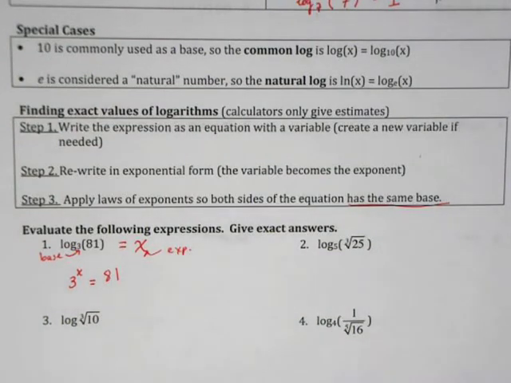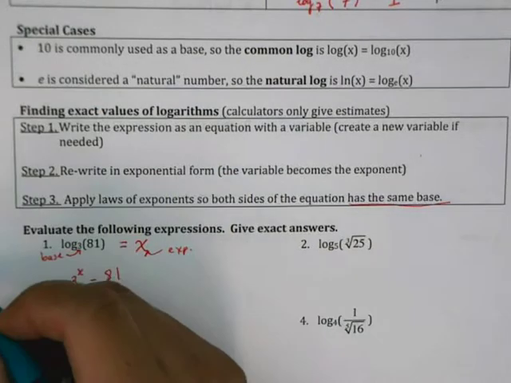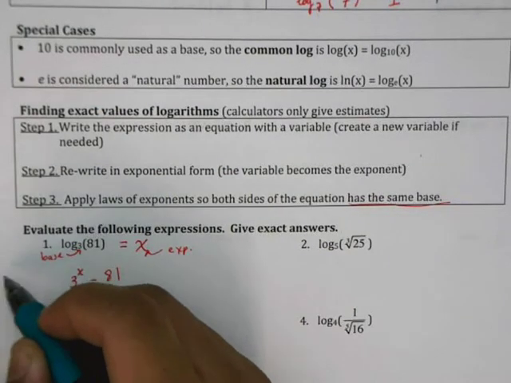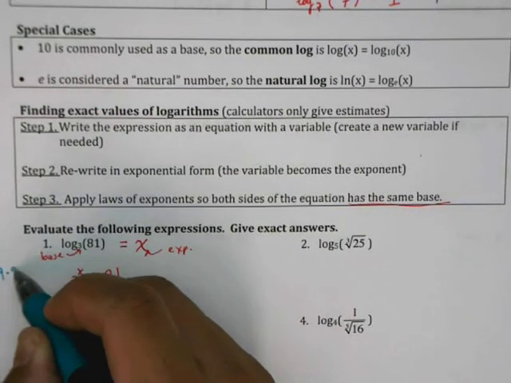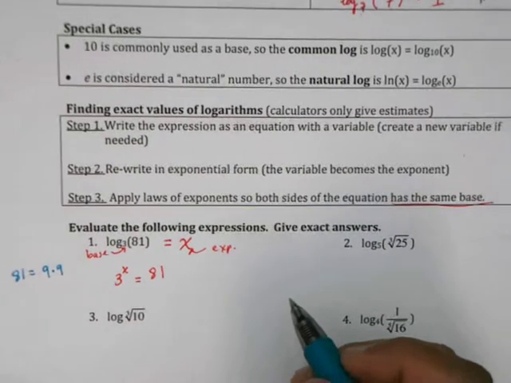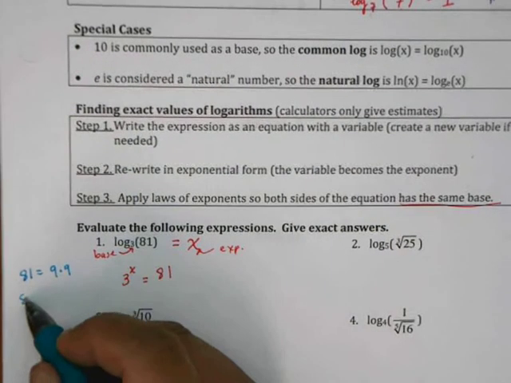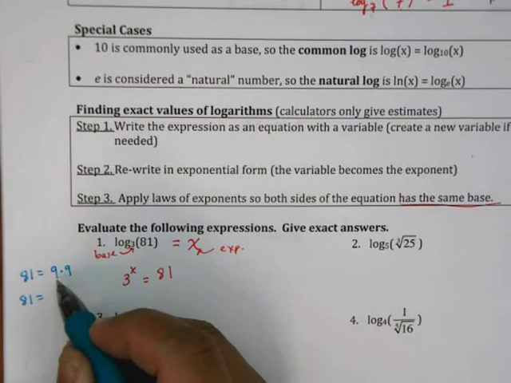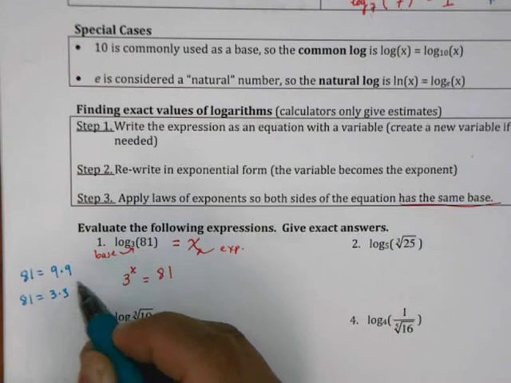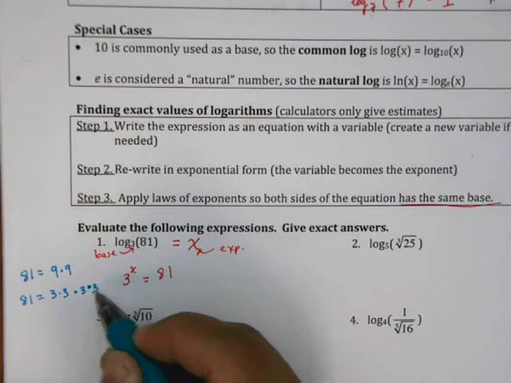Well, 81, I'll write this on the side here, 81 is really equal to 9 times 9. But 9 is really just 3 times 3. So this is 3 times 3 times 3 times 3.